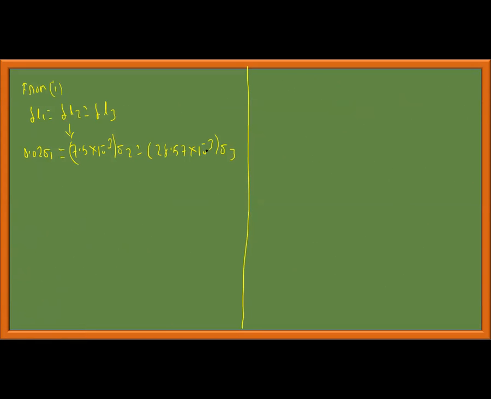I will represent everything in terms of one term. Can I write 0.02 sigma 1 is equal to 7.5 into 10 power minus 3 sigma 2, or sigma 2 is equal to 0.02 sigma 1 divided by 7.5 into 10 power minus 3. Can you tell me what is sigma 2?